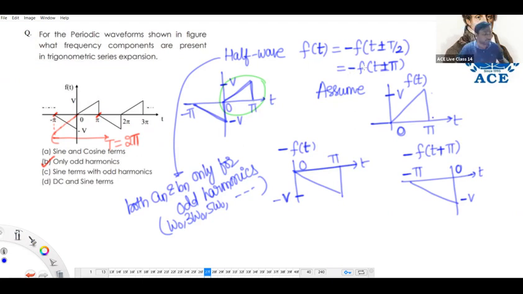So both cosine and sine terms for odd harmonics only. Take the upper segment as reference, try to generate the lower one.